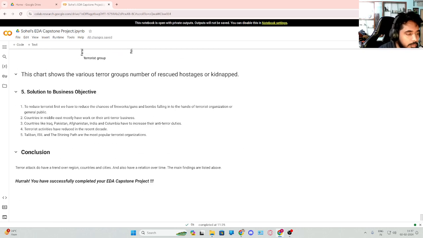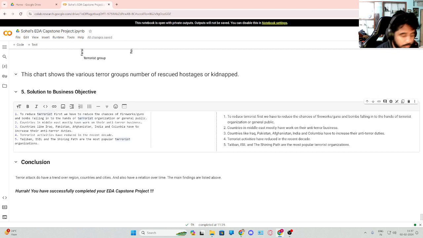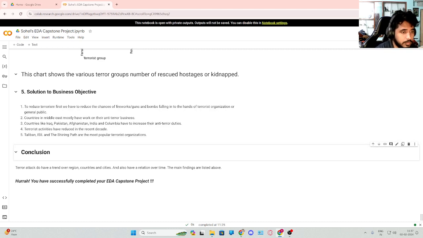So the solution to the business objective, the insights that we found from the EDA, is that to reduce terrorism, first we have to reduce the chances of firearms, guns and bombs falling into the hands of terrorist organizations or the general public.